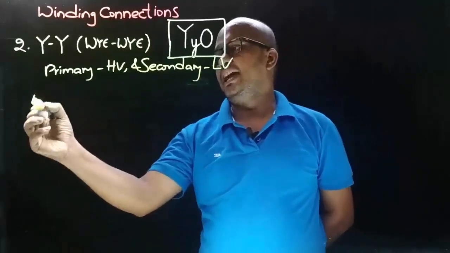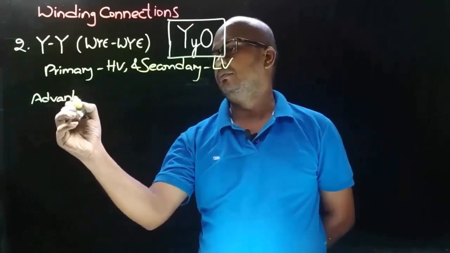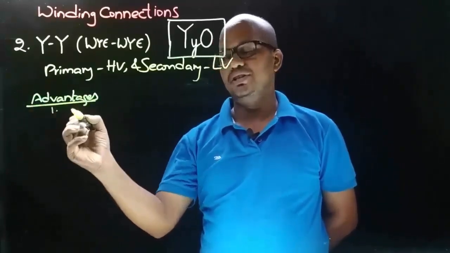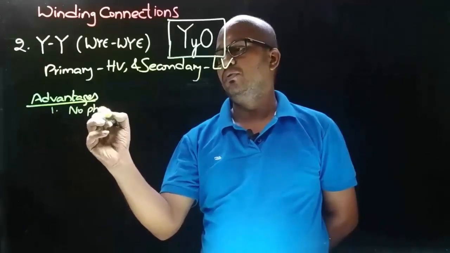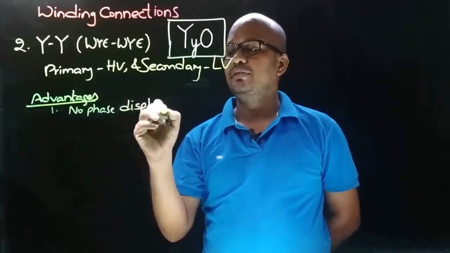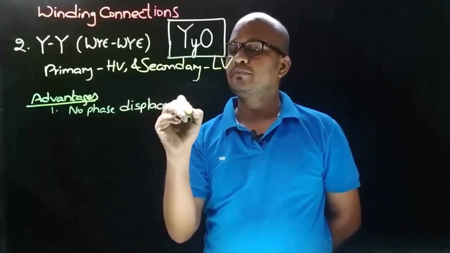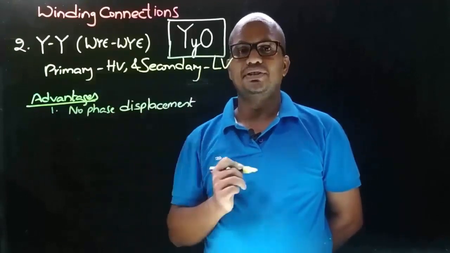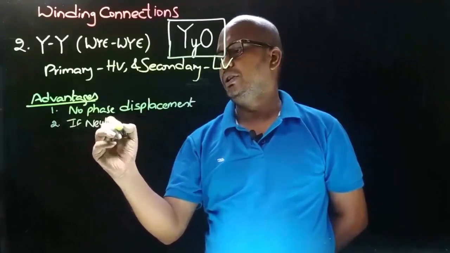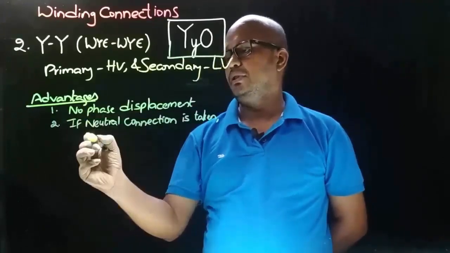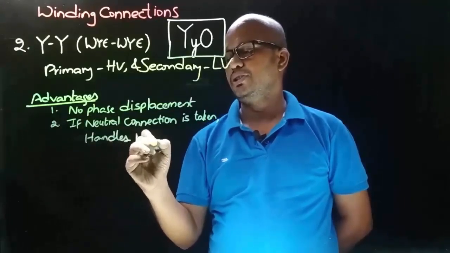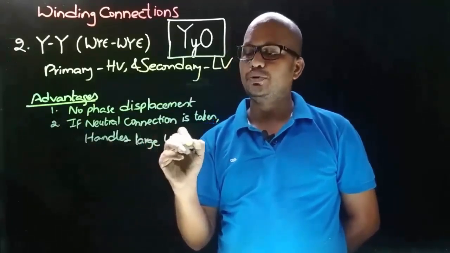So here are the advantages of star-star connection. The first advantage is no phase displacement, that is, we can have 0 degrees phase displacement with star-star connection. And if the neutral connection is taken, it can handle large unbalanced load.